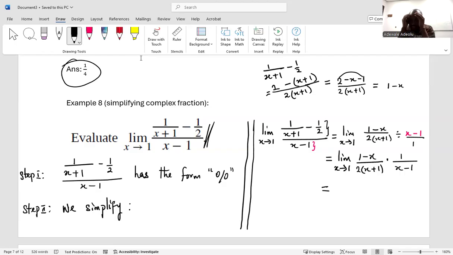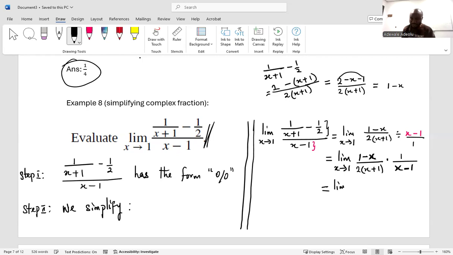Now, if we look at the situation we have, it is not a perfect situation. This is 1 minus x. Here we have x minus 1. We cannot say they cancel. They are not the same thing. However, we can manipulate one of them.